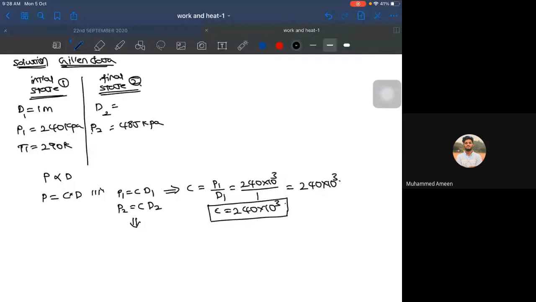Once I have the value of the constant, using this correlation I can find the value of D2. So D2 is equal to P2 divided by C. The final pressure I know as 485 into 10 to the power of 3, and the value of C I have just calculated, 240 into 10 to the power of 3. So the value of D2?